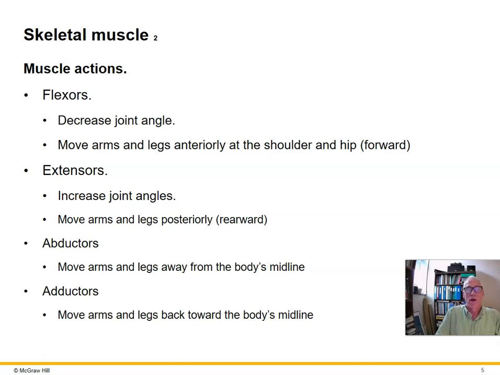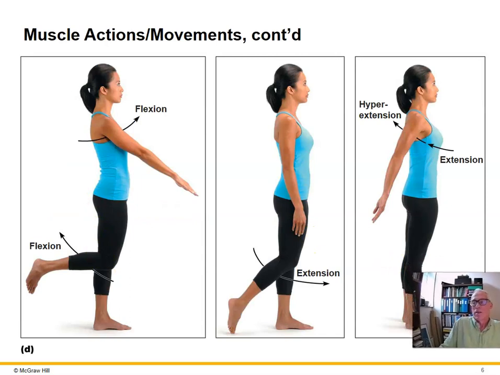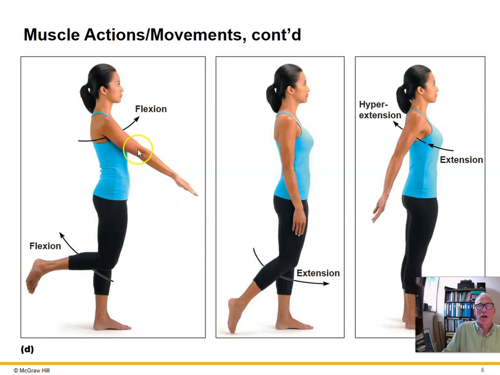Abductor muscles move the arms and legs away from the midline of the body, and adductors return them to the anatomical position, to the straight up and down position, or at your sides in the case of the arms. Here's an illustration real quick. So we have flexion of the arm, extension of the lower leg, flexion of the lower leg. So we see this angle decreasing, this angle then increasing between the lower leg and the femur, the thigh bone.